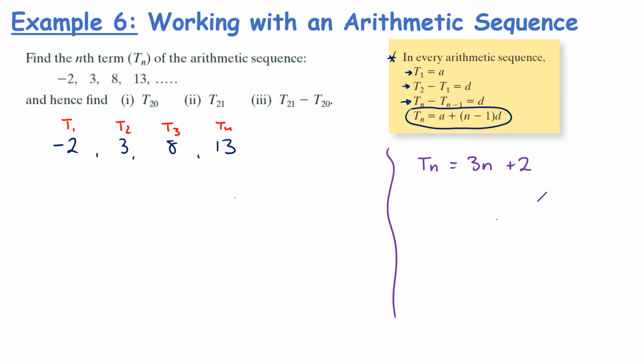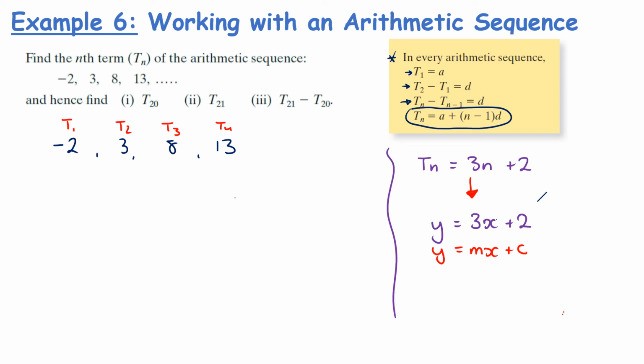That is the general term formula. If we displayed this pattern on a graph, we could describe it using y equals 3x plus 2, and that formula comes from y equals mx plus c.